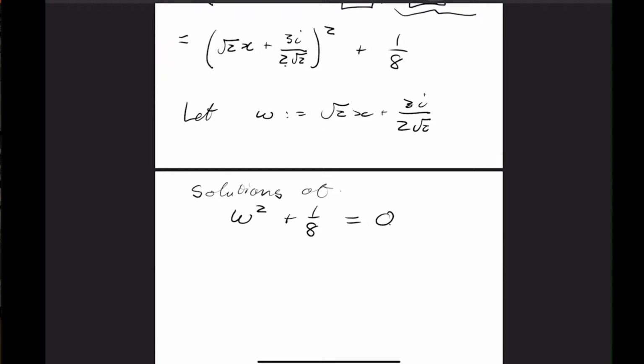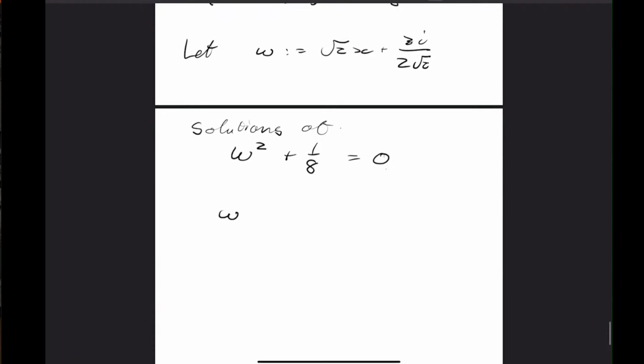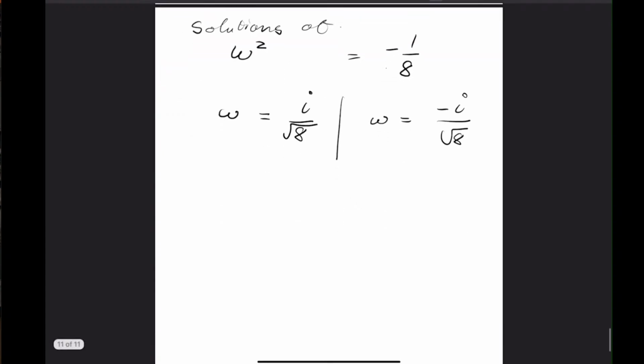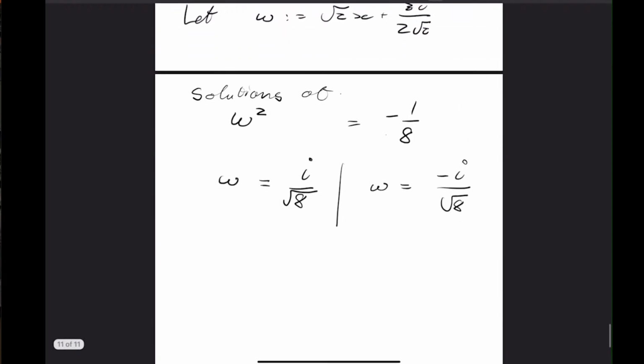Or in other words, we're looking for the roots of the polynomial w squared plus 8. And that is, of course, the two square roots of minus 1 over 8. Apologies, we are looking for the square roots of minus 1 over 8. That is i over the square root of 8, and w is minus i over the square root of 8.